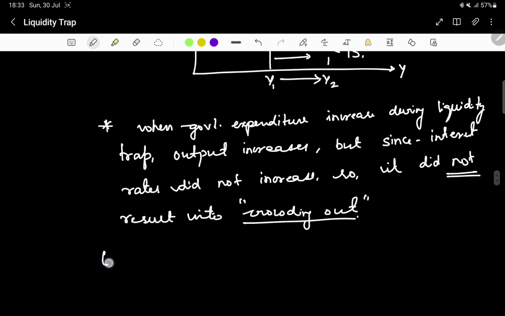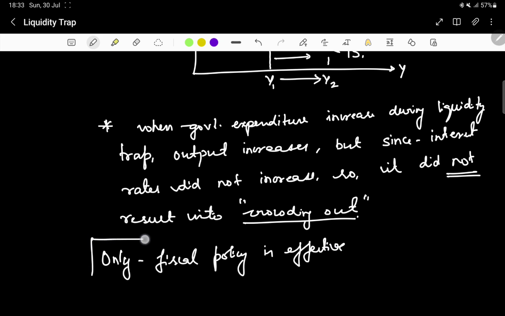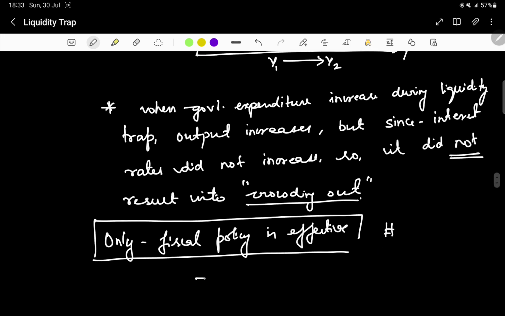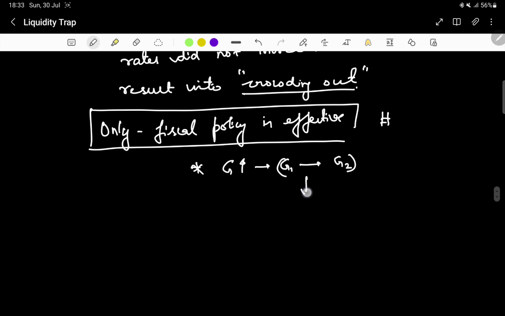So under a liquidity trap there is no crowding out, and only fiscal policy is effective. This is again a conclusion: only fiscal policy is effective. That is, when G increased from G1 to G2, it increased your aggregate demand, and aggregate demand resulted in an increment in output.